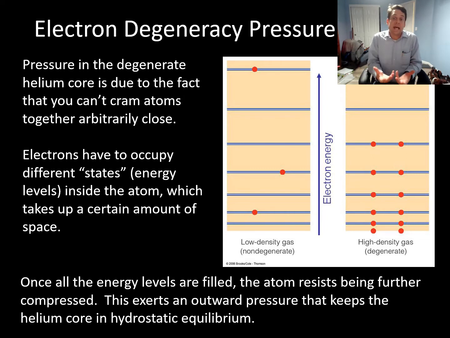Just like in an atom, electrons have to occupy a specific set of states or energy levels. And that's true whether it's in an atom or in the core of a star that's just finished its main sequence lifetime.